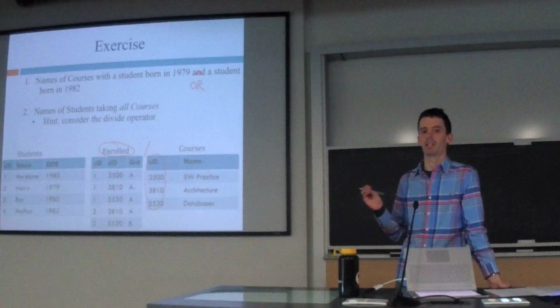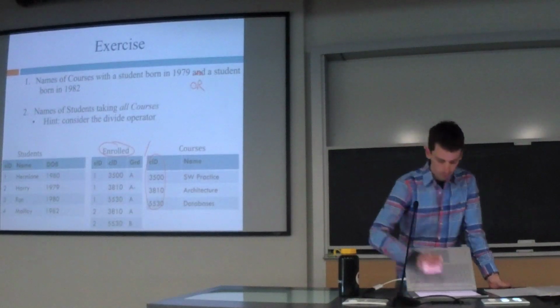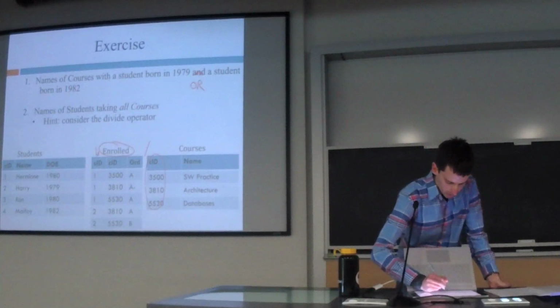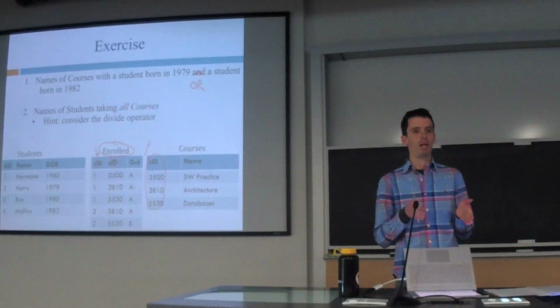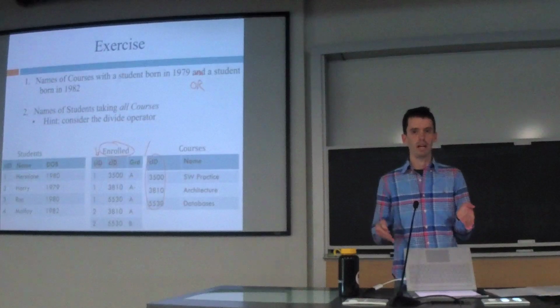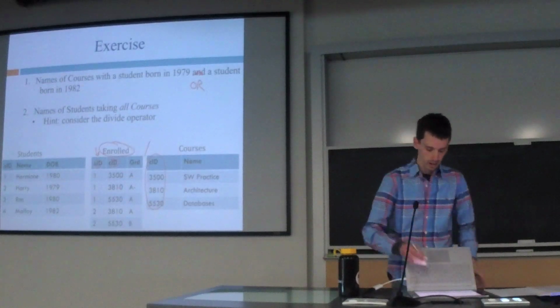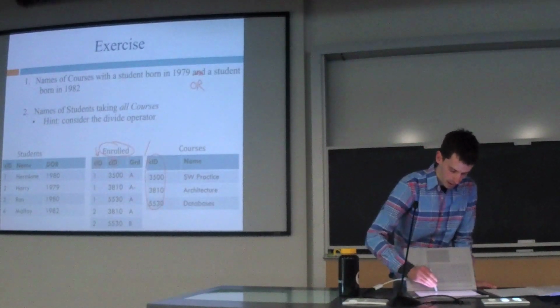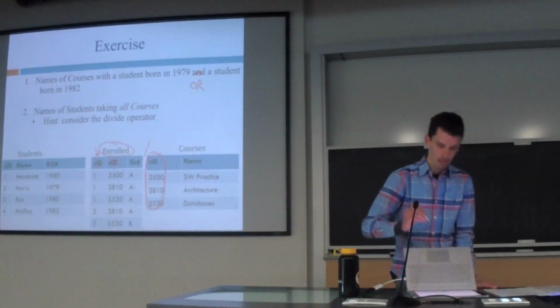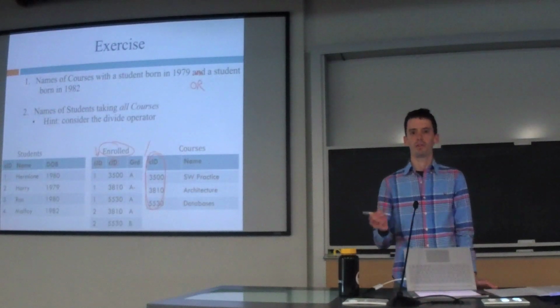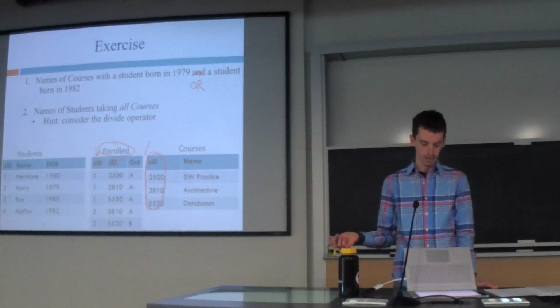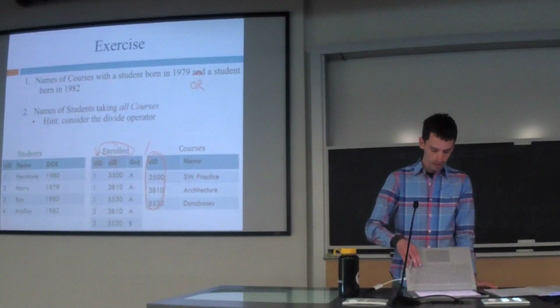We want students that are in all classes. With just these 2 columns, SID and CID, we have the pairs of students who are taking classes. If we divide that by this, which is every single class, that should give us the students that are taking every single class.